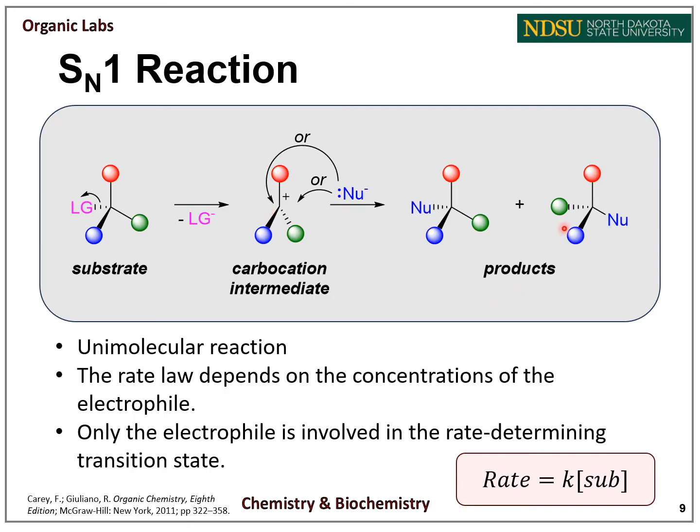And this gives us a racemic mixture of products. In some cases, this can be a 50-50 mixture of both stereoisomers. However, the amounts of both can vary depending upon the reaction.